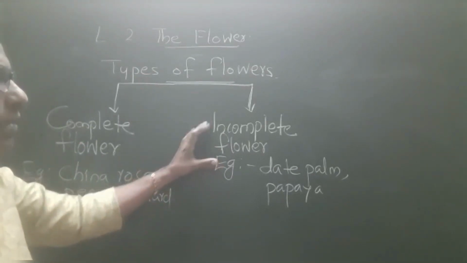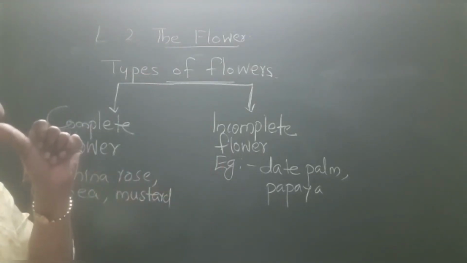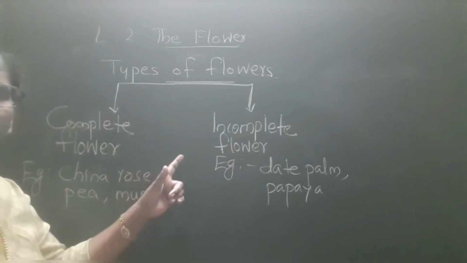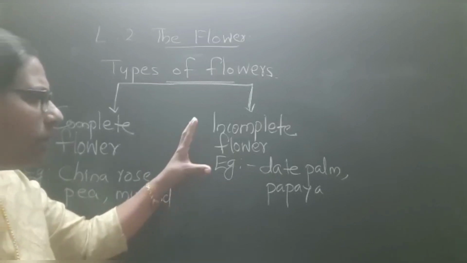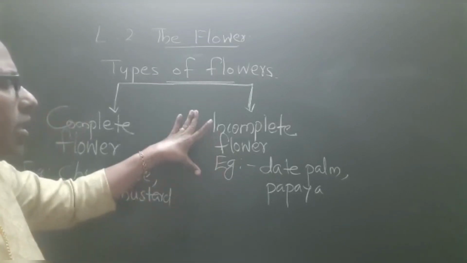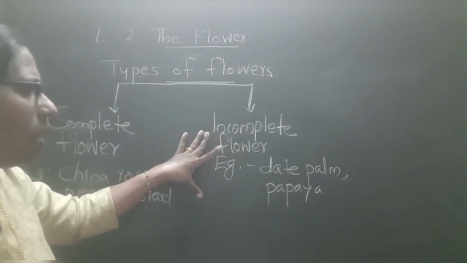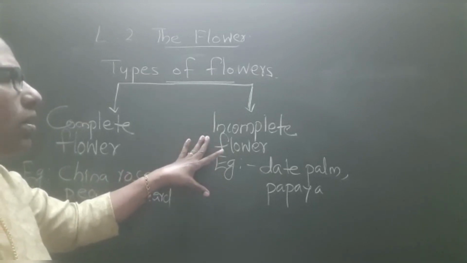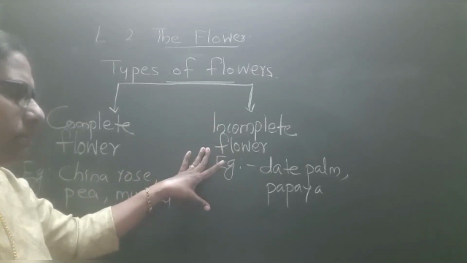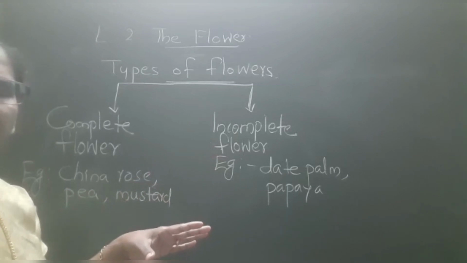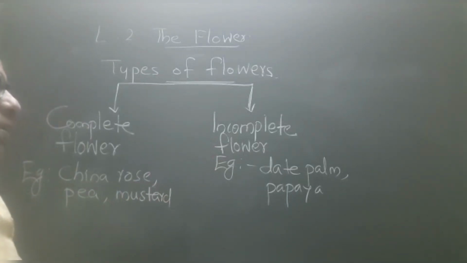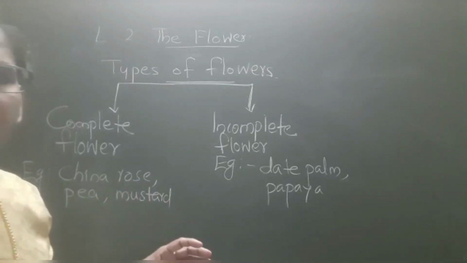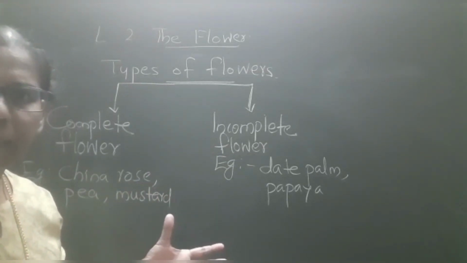Then comes incomplete flower. If any one of these four whorls is absent in a flower, such a flower is called an incomplete flower. In some flowers, only the male reproductive organ is present. In some flowers, both organs are present.